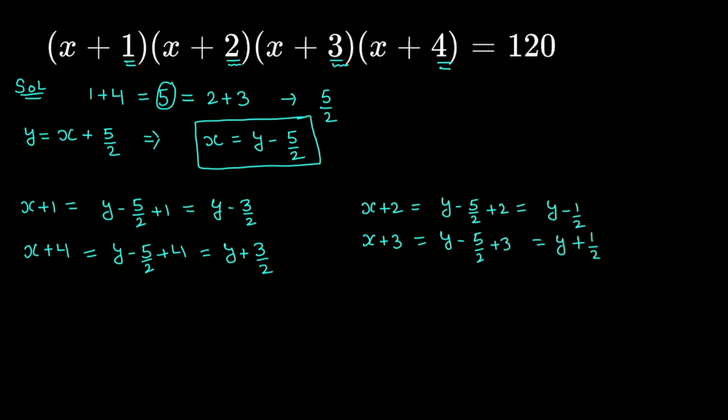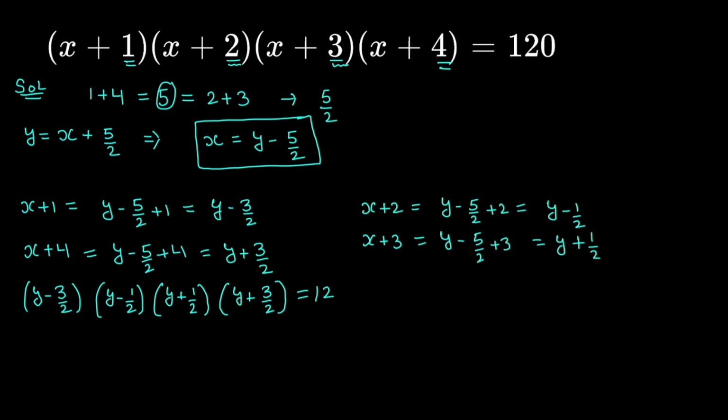So our equation reduces to y minus 3 by 2, here x plus 2 is equal to y minus 1 by 2, here y plus 1 by 2, and here we get y plus 3 by 2, which is equal to 120.